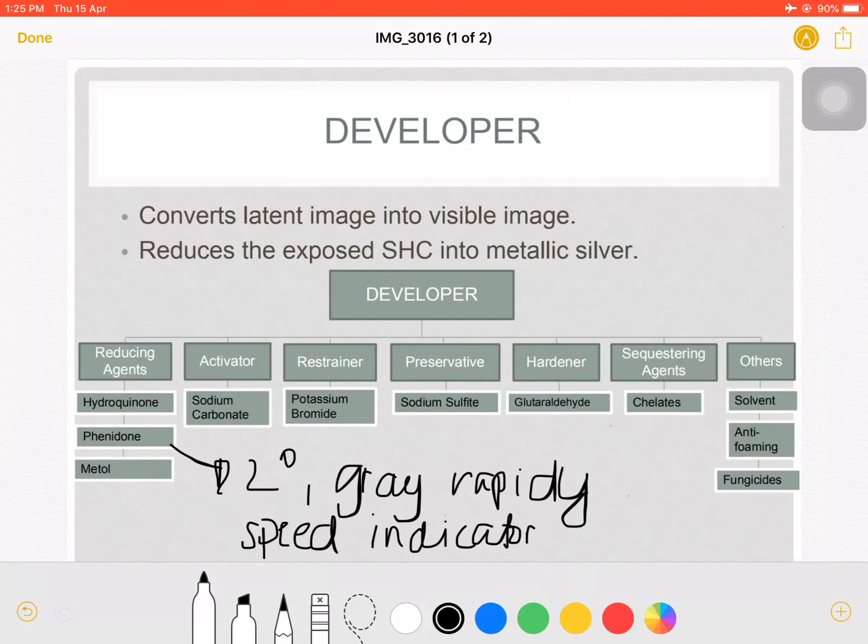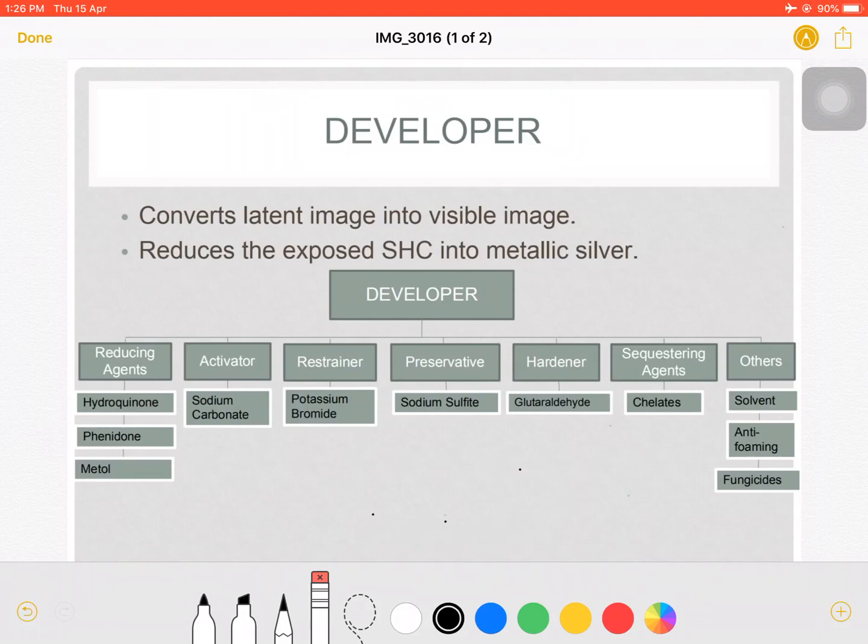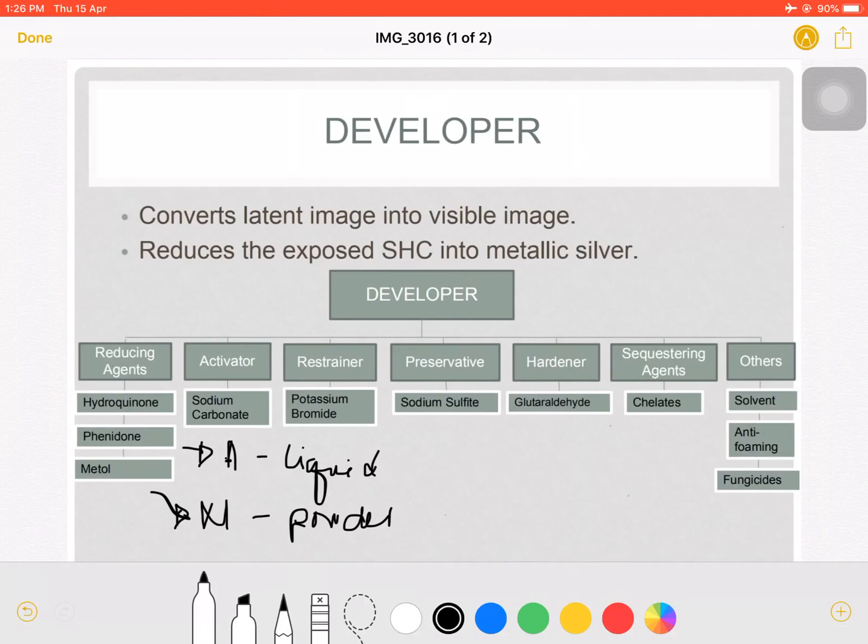So, ano ba naman si methyl? What is methyl? The same with phenidone. Okay? Methyl is the same with phenidone, but it is used for manual processing. Phenidone usually is used for automatic processor, and this is in form of liquid. Our methyl is used for manual processing and in form of powder. So, may difference pa din kay phenidone and methyl even though the same sila ng ginagawa.